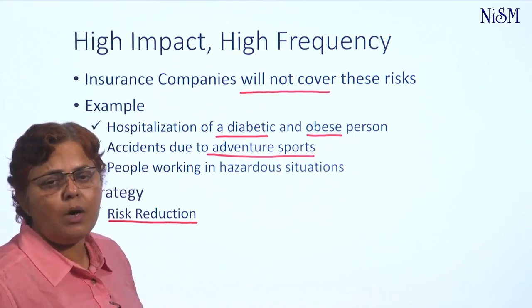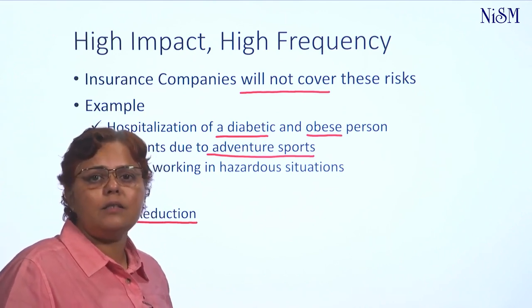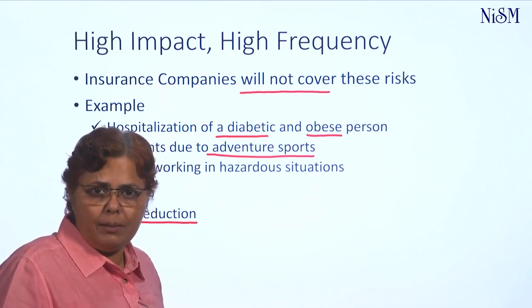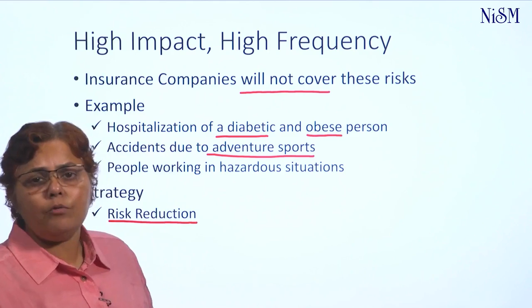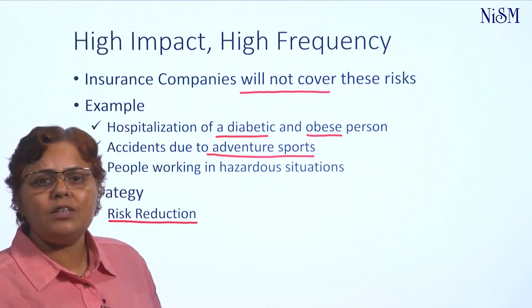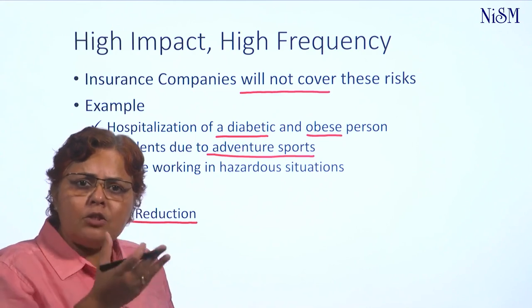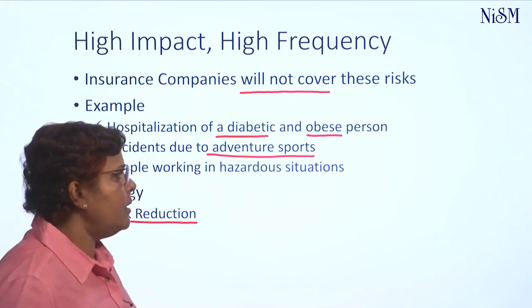People into adventure sports have to manage their own finances, because the insurance company is not going to help them out. They have to take proper care and have good safety equipment, so that the frequency of any such untoward incidents is managed and is less.